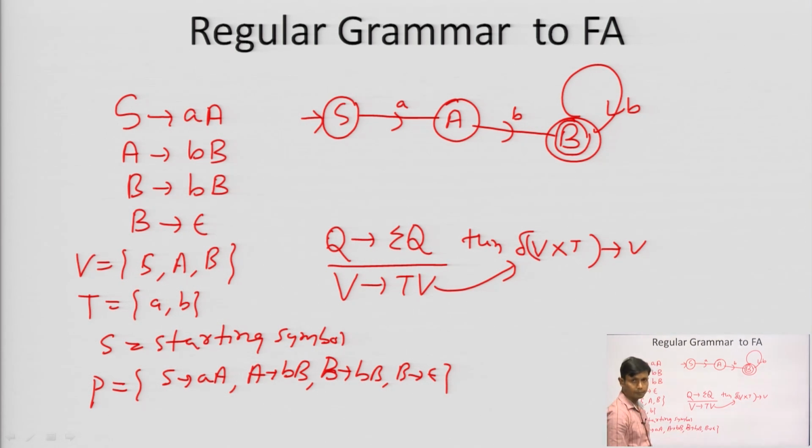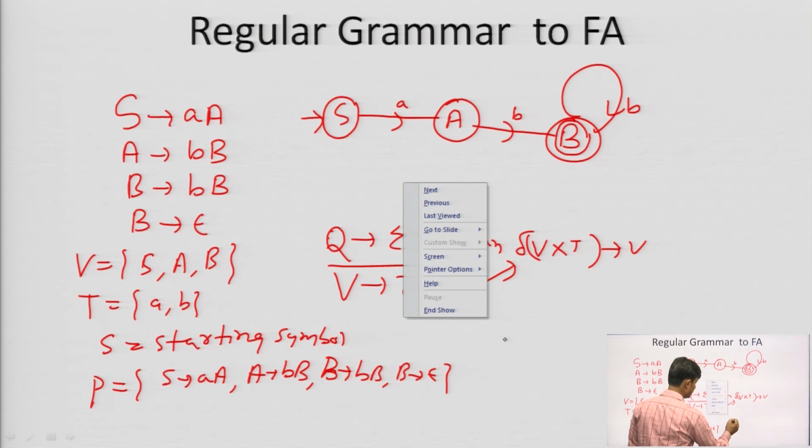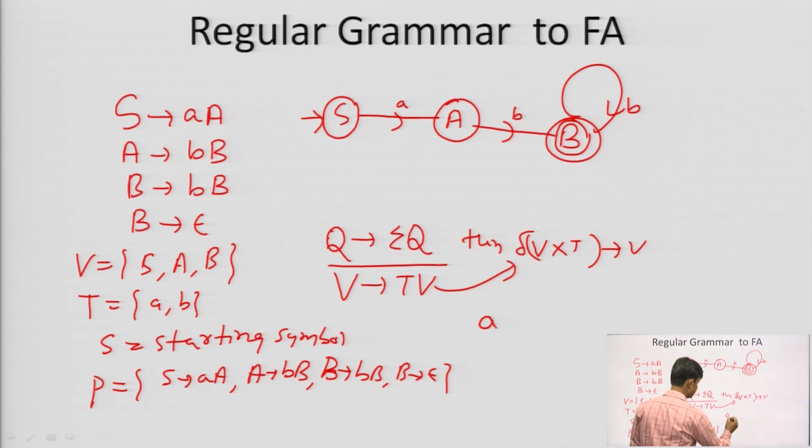So, take an example string. What strings are generated by the grammar? Here we can take the string abb, which is derived by the grammar. How is this derived?